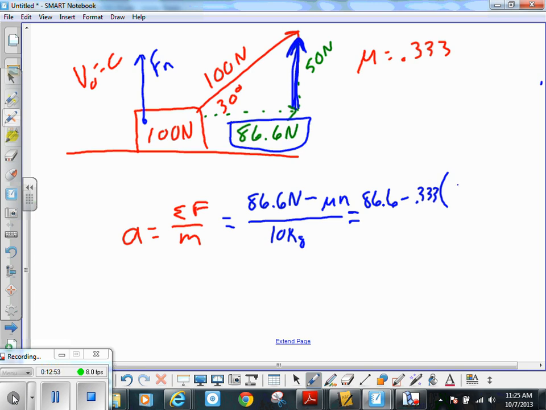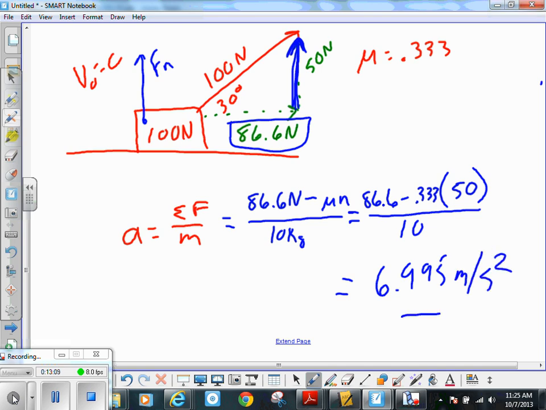Okay? So it's going to be 50, and that'll all be divided by 10. And so we get an acceleration of the system equal to 6.995, thank you very much, Sage, meters per second squared in that direction. And that is our acceleration. Any questions about that?